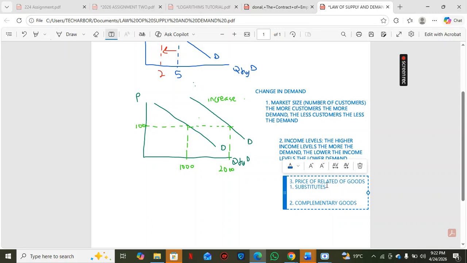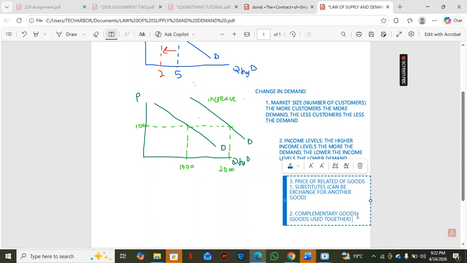Substitute goods are goods that can be substituted or exchanged for another good. And then complementary goods are goods used together. Basically, these goods are used as a pair.